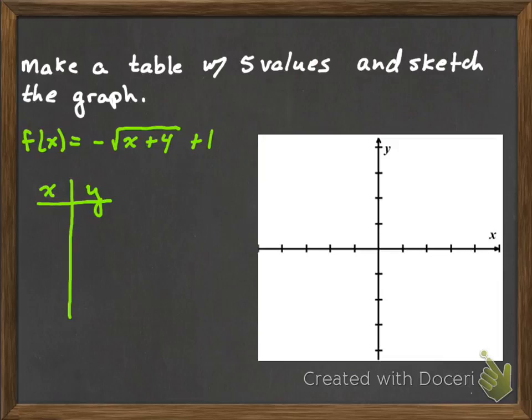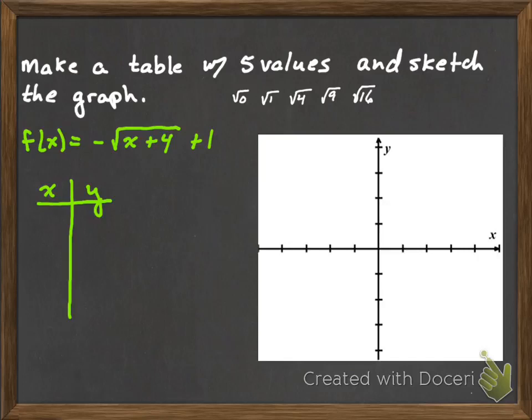Now, numbers that come out evenly for square roots would be things like square root of 0, square root of 1, square root of 4, square root of 9, and square root of 16.